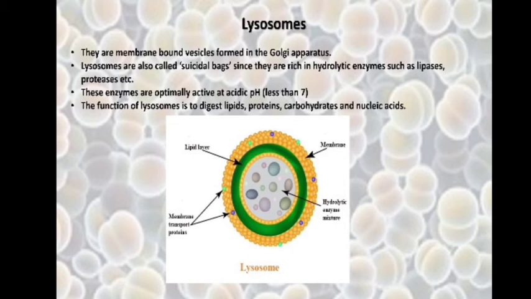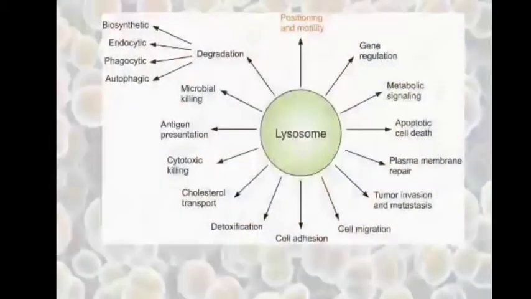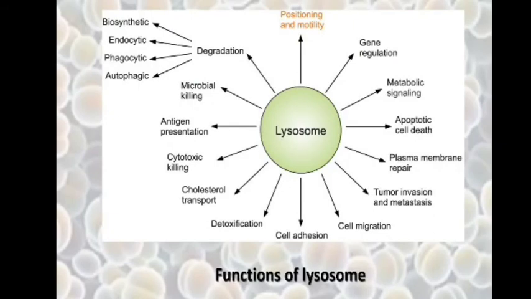Now, what are the functions of lysosomes? The great function of lysosomes is to degrade or break down macromolecules. This includes processing old and worn-out cell parts to recycle their components and making harmful toxins or bacteria safe by degrading them.